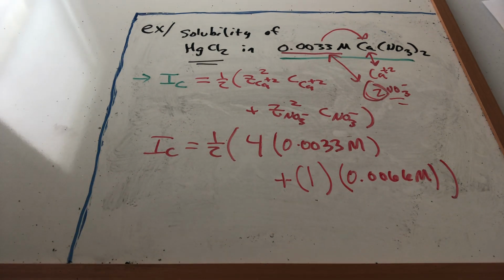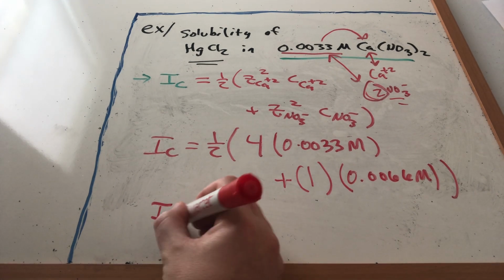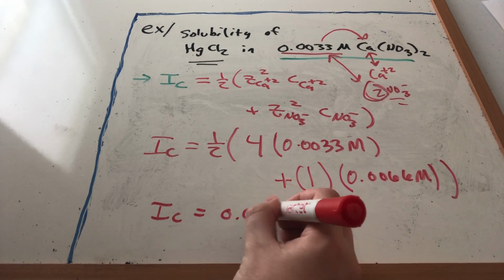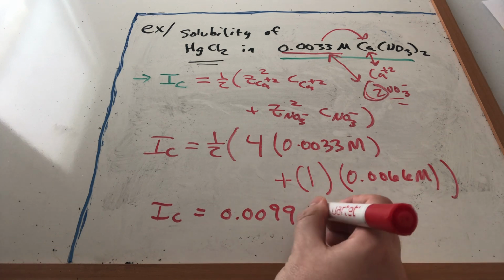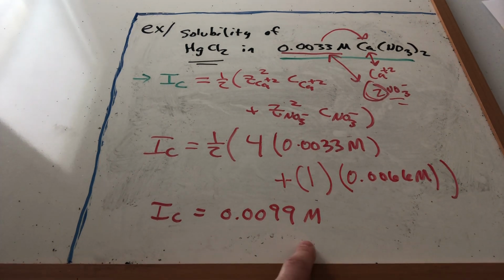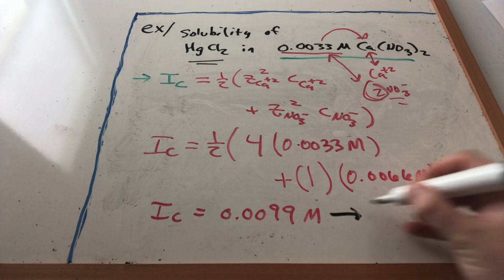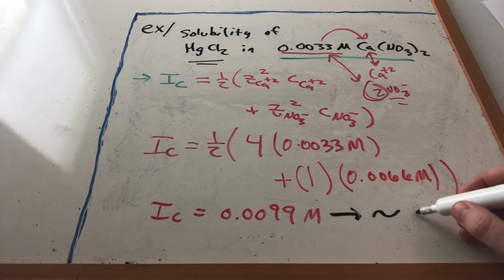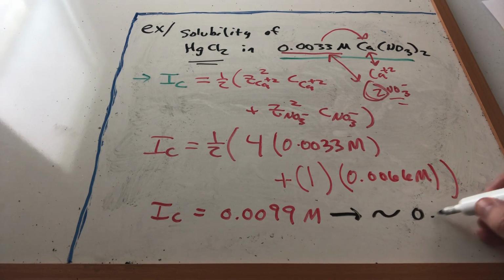So when I do this math, what I get for I sub c is 0.0099 molar. Now this isn't exactly on your chart, so when I dictate that you use something on your chart, you find the column that matches best. On your chart, you do see a column that looks like 0.010 molar.